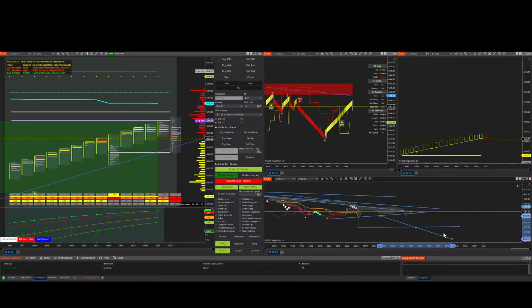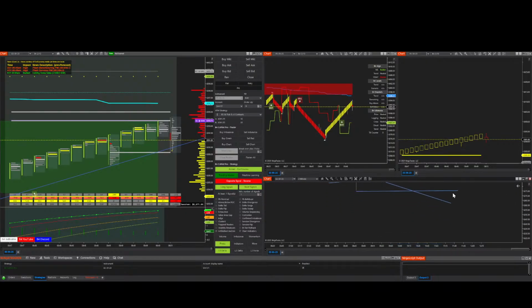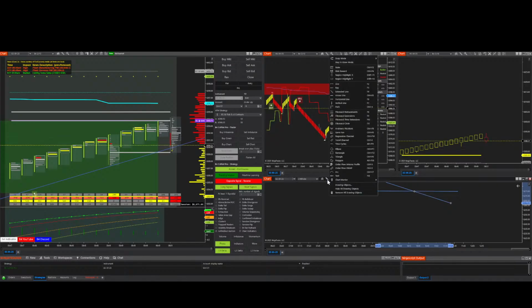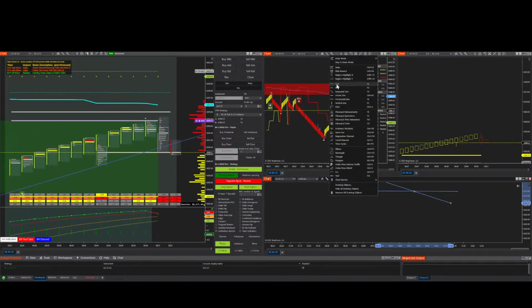Came down to our first target. It's a little rough, gotta get leveled out there. It came down to our first target that we anticipated.